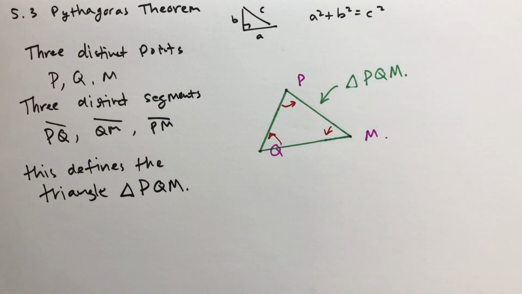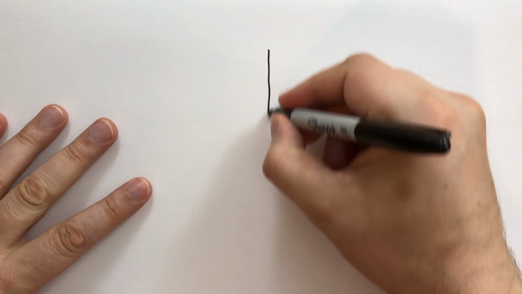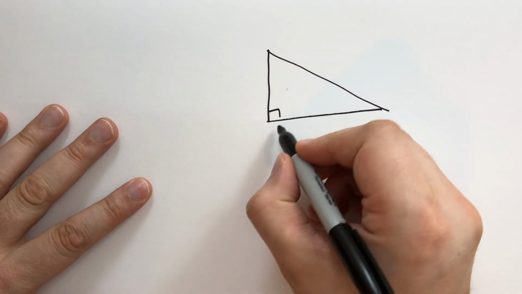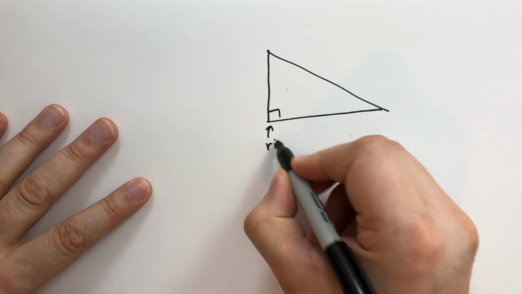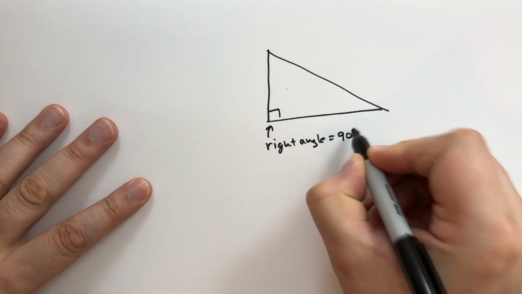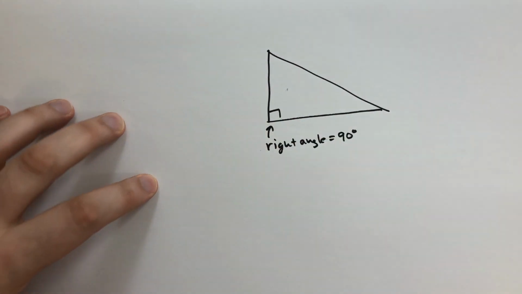Okay, but before we go there, I'm going to talk about a right triangle. A right triangle is special because one of those angles is indeed a right angle. So this is what a right triangle looks like. This is the right angle, which is equal to 90 degrees, which is 1/4 of the full circle. And then we have 2 other angles.